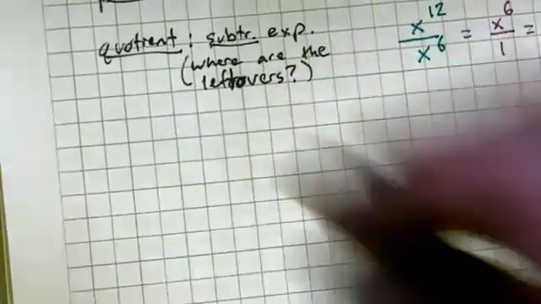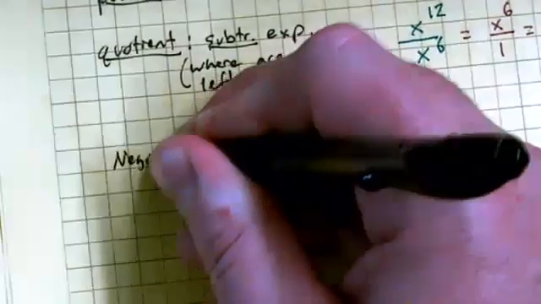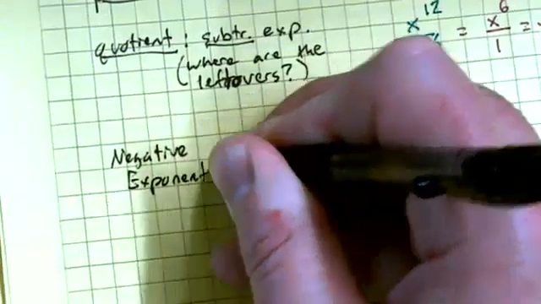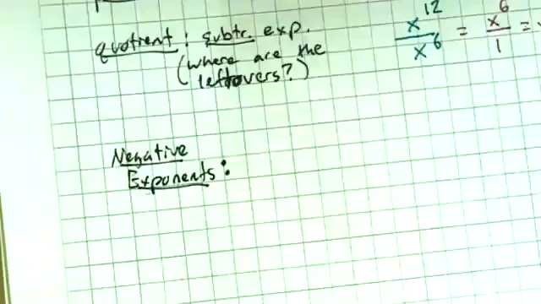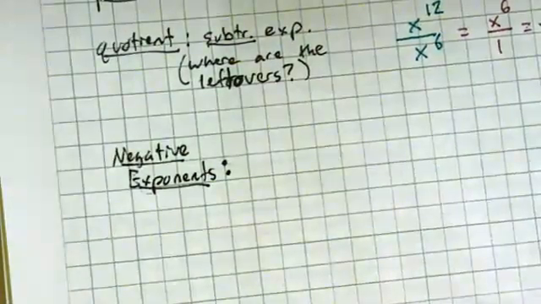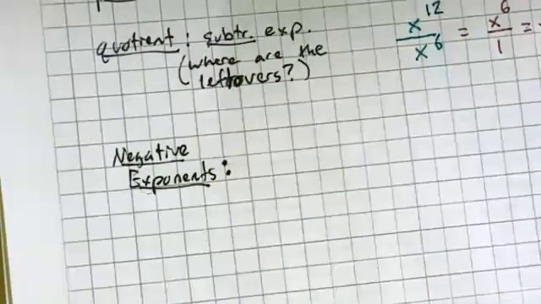Negative exponents. We'll come back and do zero exponents. So how do you want to put this into words? I'm definitely gonna draw an example and have some arrows. I kind of like to have them in words too. How do you word that? Like, the negative exponent goes to the opposite side and turns into a positive exponent.